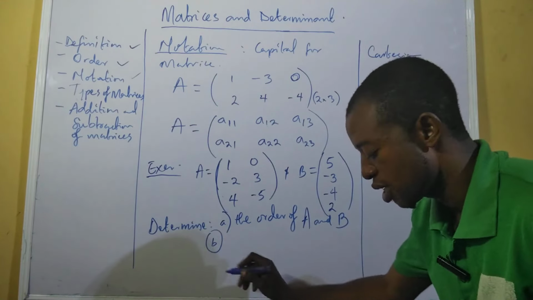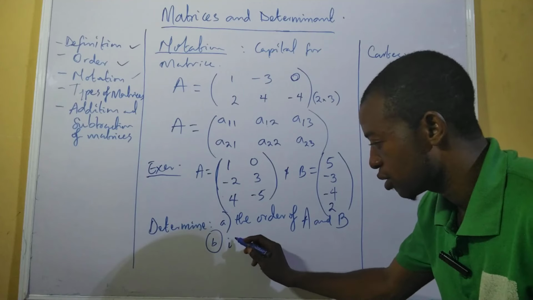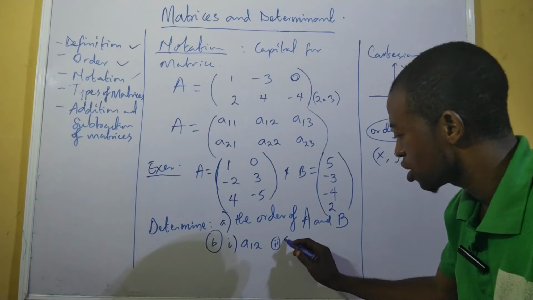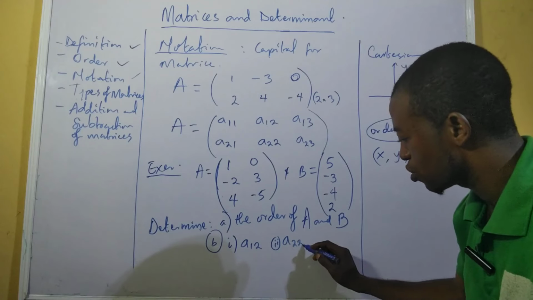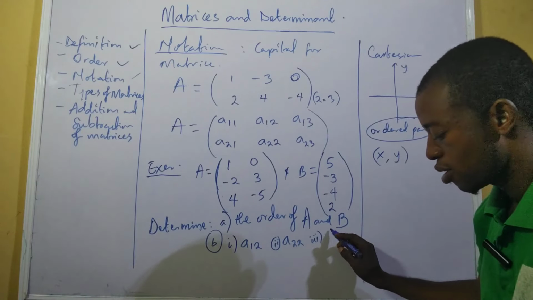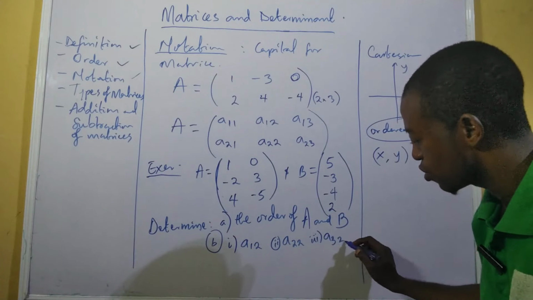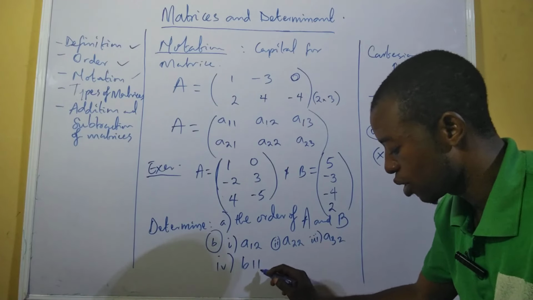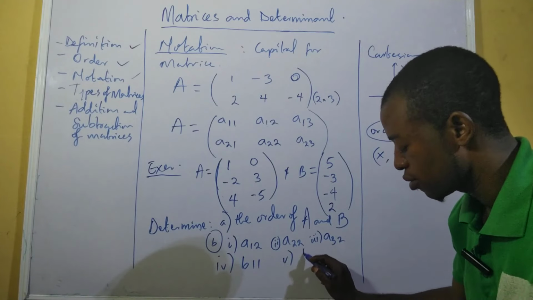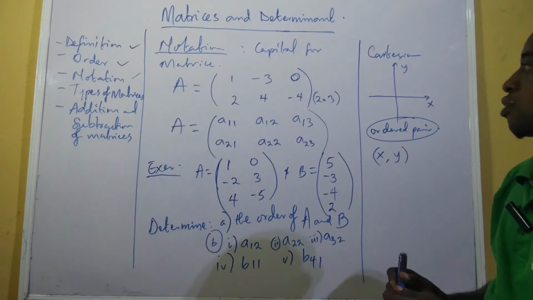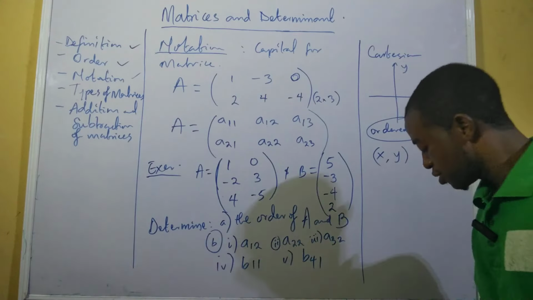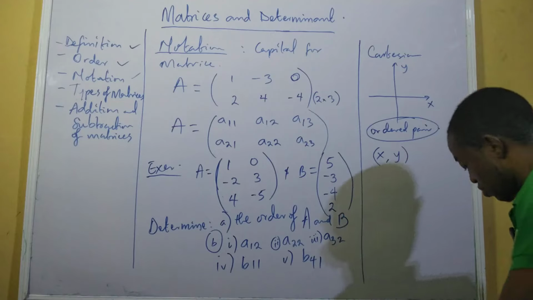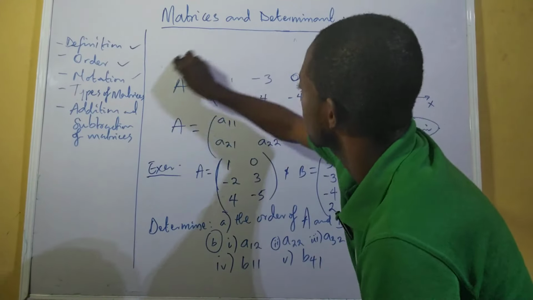And question B says determine: 1, A12; 2, A22; 3, A32; 4, B11; and 5, B41. Now from here, we can do the solution, or we can solve it up here together.